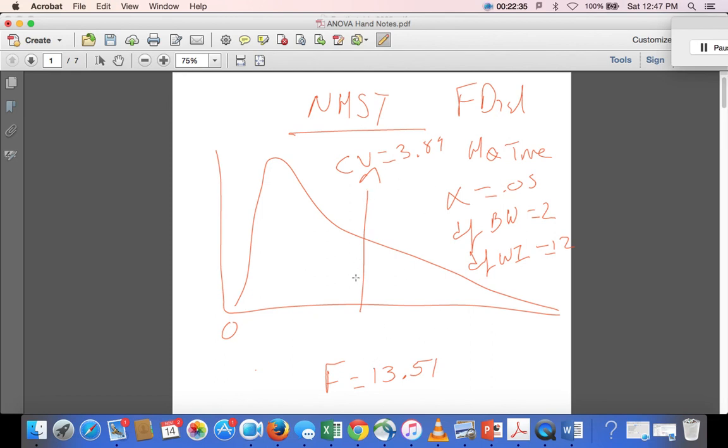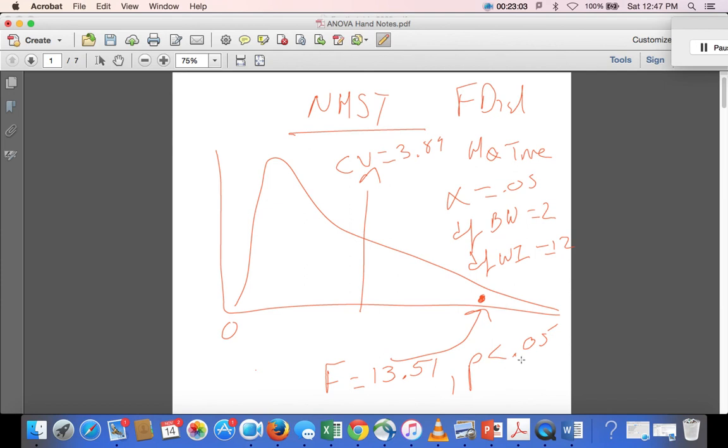So if this is my critical value, and this is the beginning of the region of rejection, I find that 13.51 lands somewhere way over here, right? Really far into the region of rejection. So here, what would I expect my p-value to be? Well, since it lands in the region of rejection, p would be less than 0.05. Now here, it's probably even less than 0.01 because it falls very, very deep within the region of rejection.